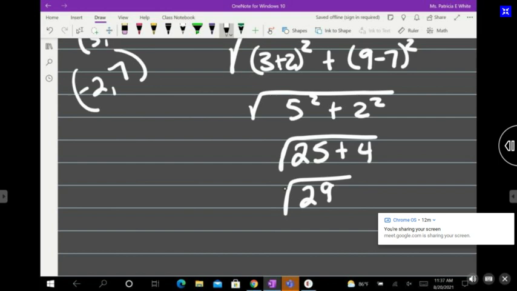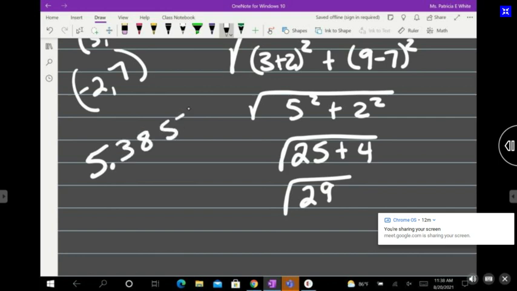Now we're going to round to the hundredths place value. How many zeros in 100? 2. So that means we should have 2 numbers behind our decimal, right? When I punch this into the calculator, I get 5.38.